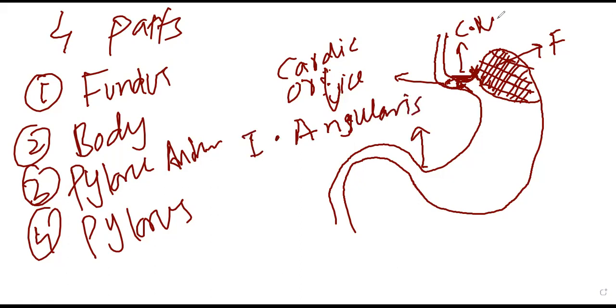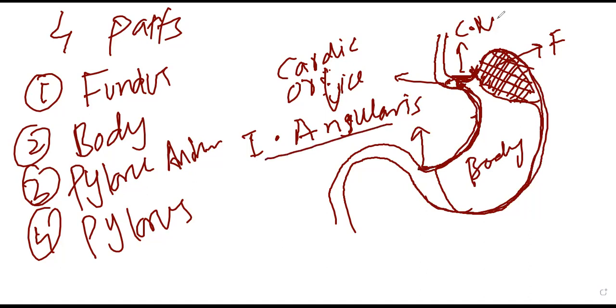So the body of the stomach extends from the cardiac notch to the incisura angularis. This is the body, and a constant notch in the lower part of the lesser curvature. This is the lesser curvature, and this is the greater curvature. And the incisura angularis is present in the lower lesser curvature of the stomach.